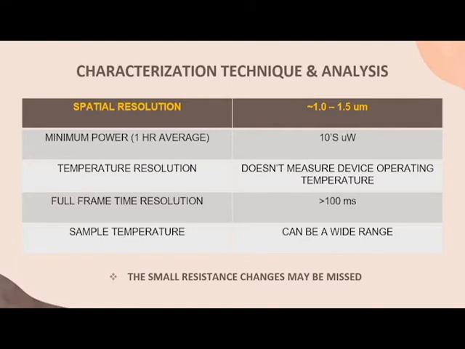For the resolution, full frame time is higher than 100 milliseconds. The sample temperature can be in a wide range. A small resistance change may be missed for this technique.